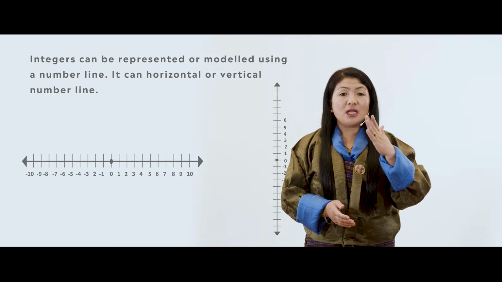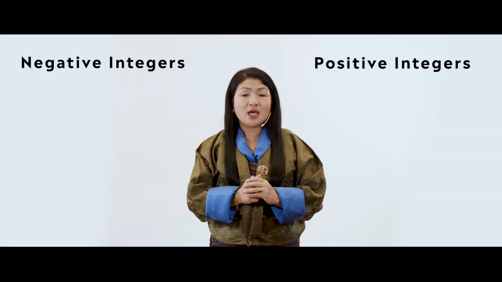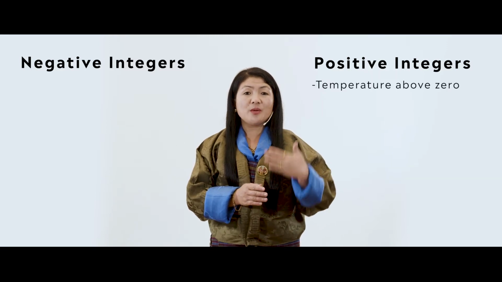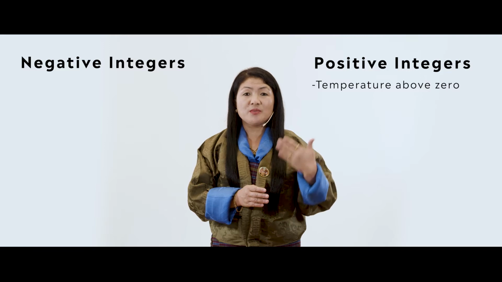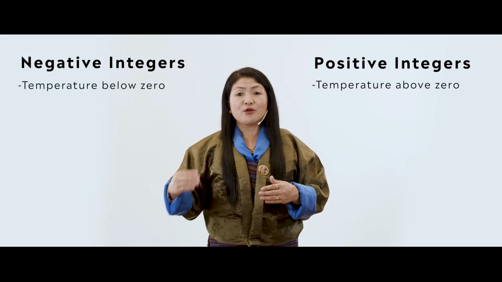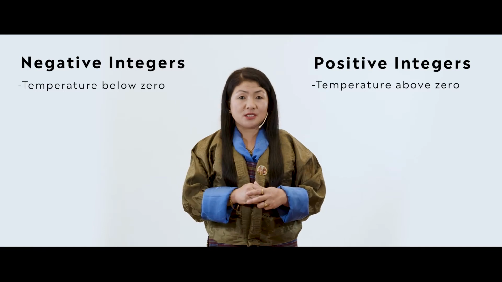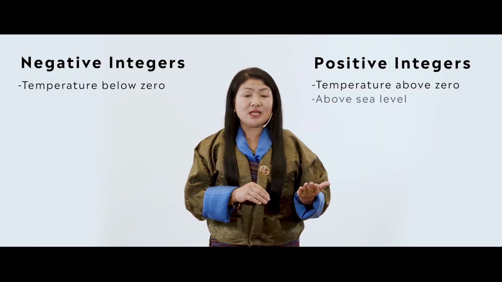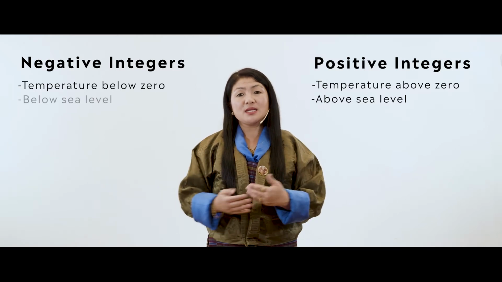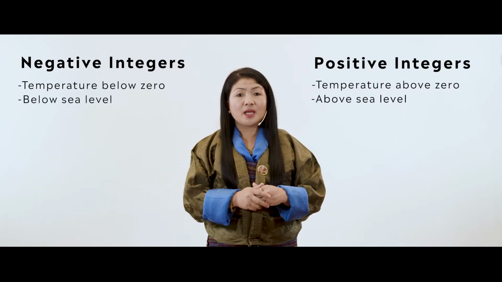Okay, first let's talk about positive integers and negative integers. Temperatures above 0 are all positive integers and temperatures below 0 are all negative integers. We can also say that above sea level is positive and below sea level is negative.